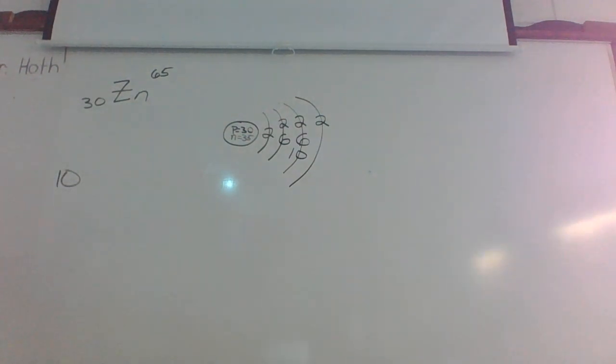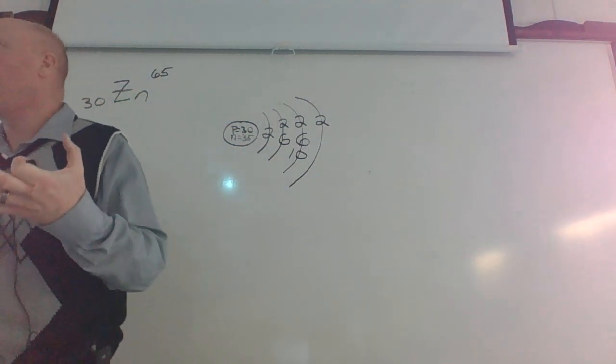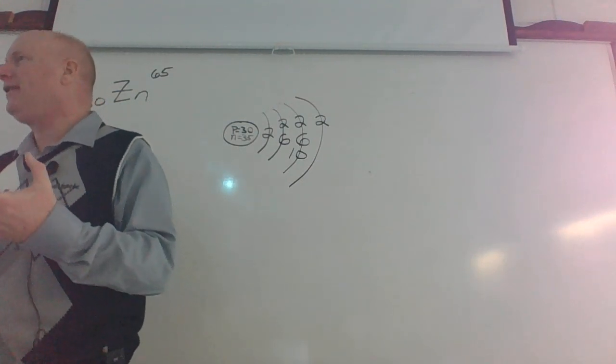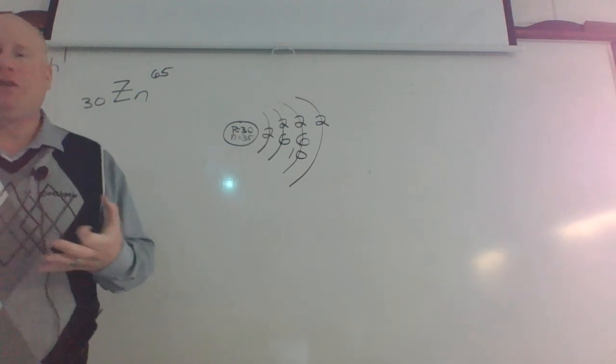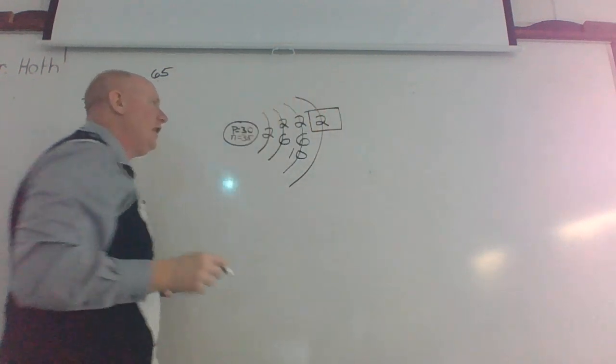What else do you see in there besides Zn? Plus 2. So what that is saying, remember we said you guys are so nice because you're going out on this date and you've got to buy popcorn, you got to buy pop and the ticket. So there are 2 electrons in the outer energy level.